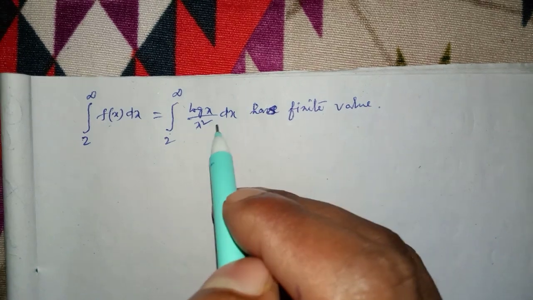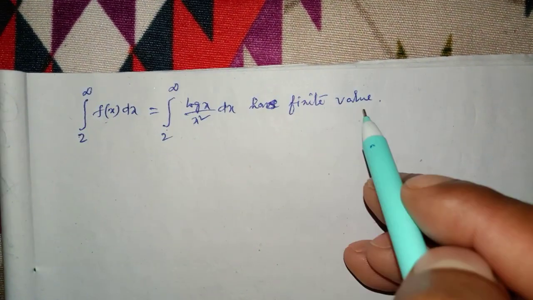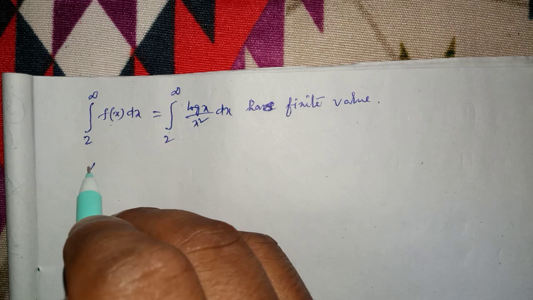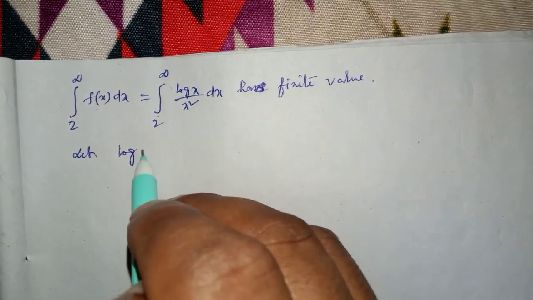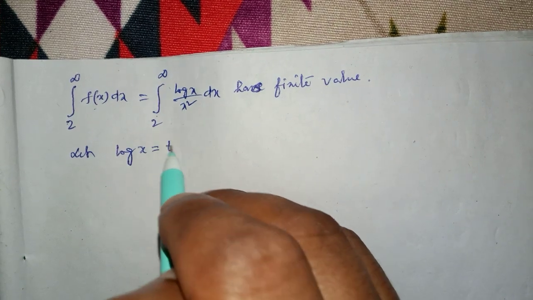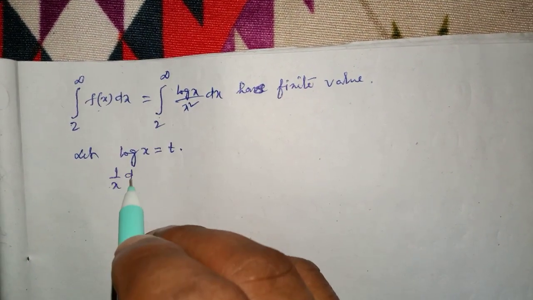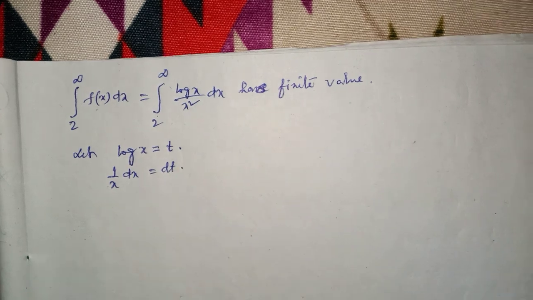Now we prove the integration has finite value. Let log x is equal to t. So 1 by x dx is equal to dt.